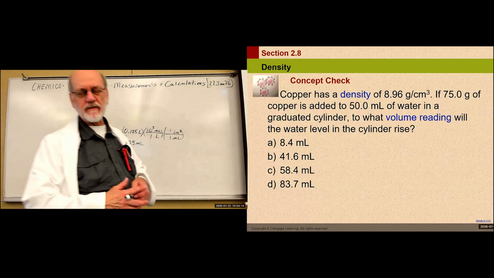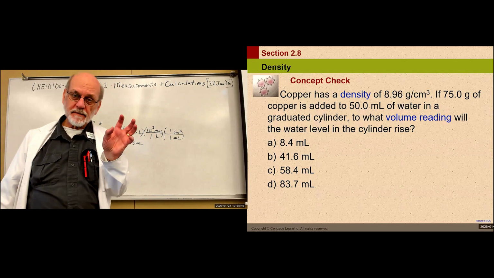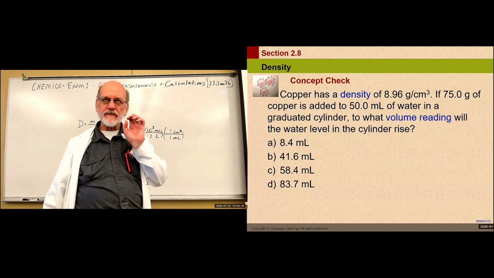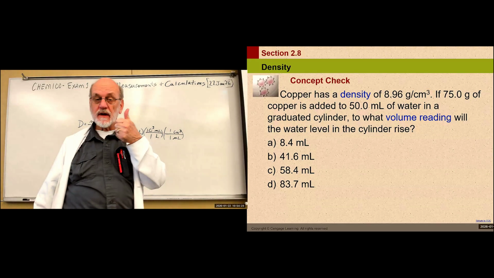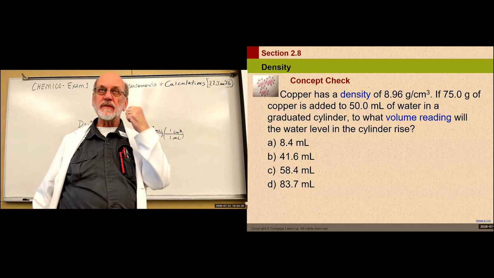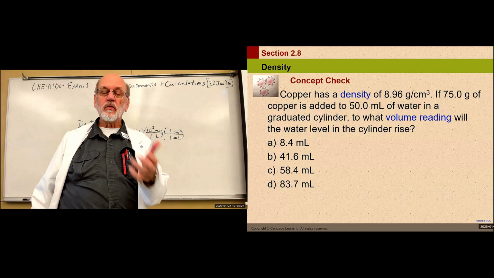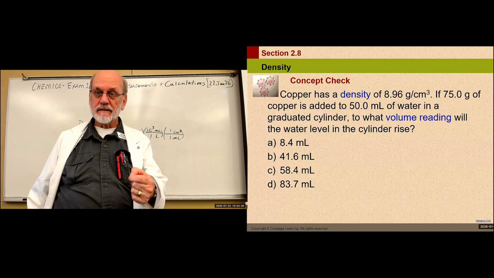In this case, we have copper with a known density, and we have 75 grams of copper. That's the mass. And we're going to put it in 50 milliliters of water. What would be the final reading?